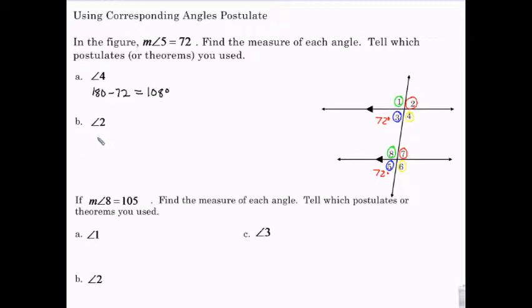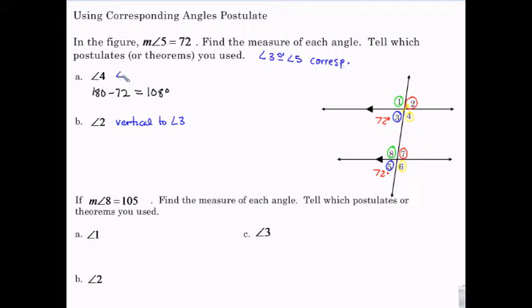Now I want to find angle 2. Well, angle 2 is across from angle 3. Angles 2 and 3 are vertical angles. I'll just put vertical to angle 3. Angle 3 is congruent to angle 5, because they're corresponding.